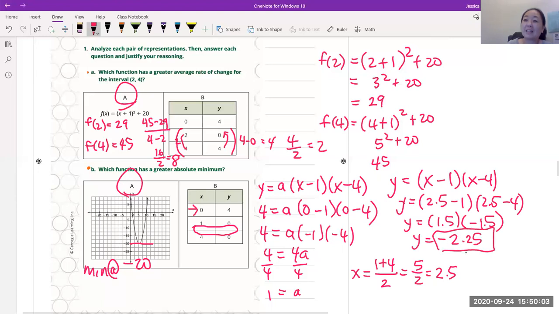That's the minimum. I told you it was going to be smaller, but that's how you would know for sure, positively. Okay. Just so that you know, the vertex we found was going to be at 2.5, just to tie it all up together.